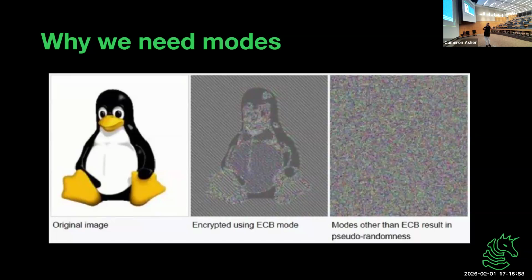The reason this happens is that, for example, a group of white pixels, when we encrypt them with ECB, are all going to go to the same colors. So we can still kind of recognize what it looks like. But if we use CBC, then it all looks completely random.